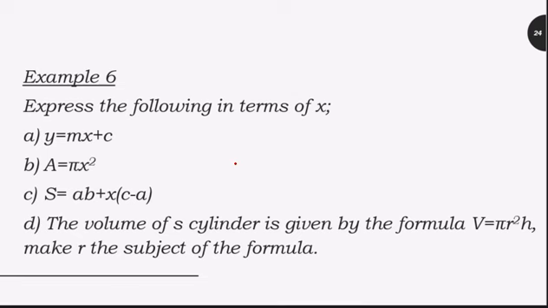Then S is equal to ab plus x, open bracket, c minus a. Then the volume of a cylinder, this must be A, is given by the formula V is equal to pi r squared h.